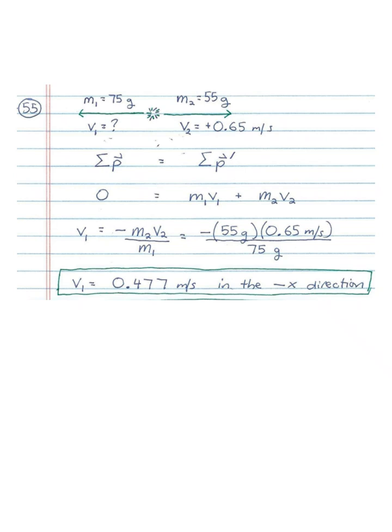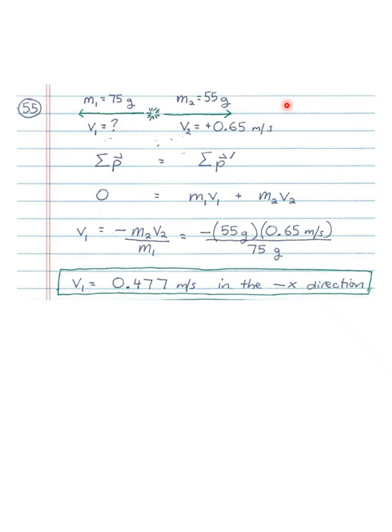All right. Let's draw a picture here. We have the first one. We'll give it a mass of 55 grams. Actually, that's the second one. Mass of 55 grams, and it moves off at 0.65 meters per second. So I've called it V2, plus 0.65 meters per second.